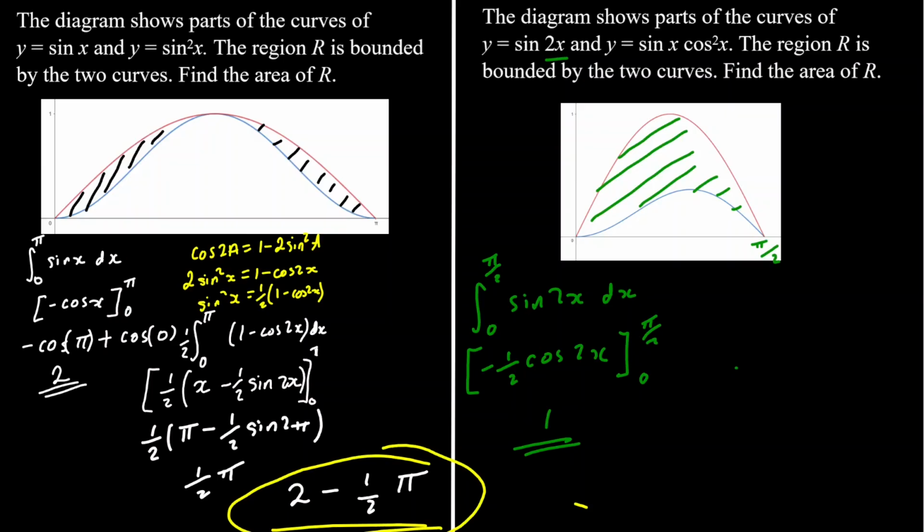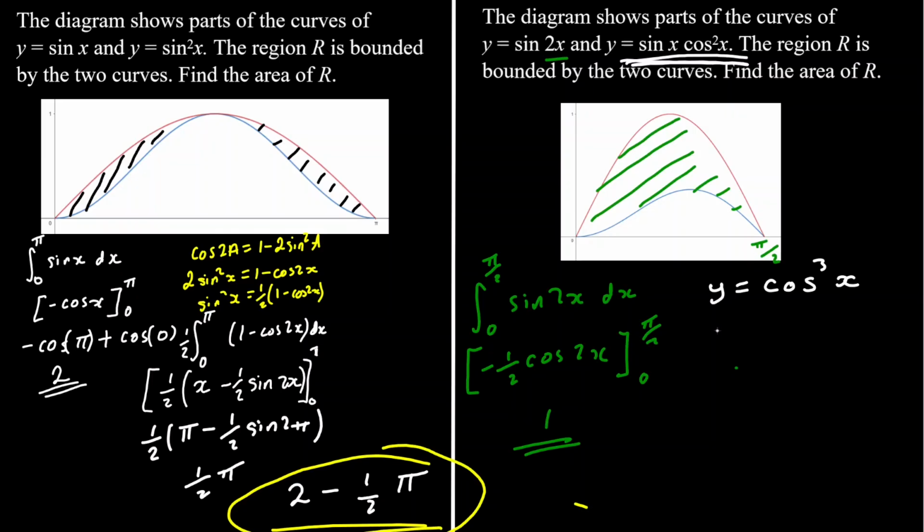For our other line, sine x cos squared x, we can integrate it by reversing the chain rule. So we can see that cos x differentiated is multiplied by the cos squared x. So our original is going to be something like cos cubed x.